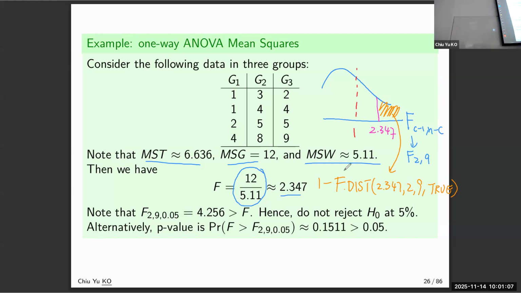So just calculate only the right hand side. Okay. So this is the answer. And you can check, it's going to be 15%. Okay. So it's not significant.